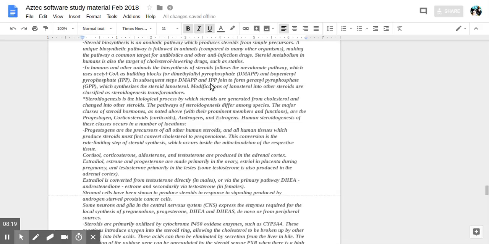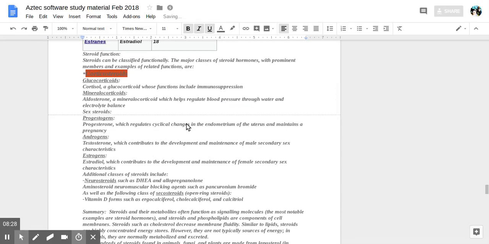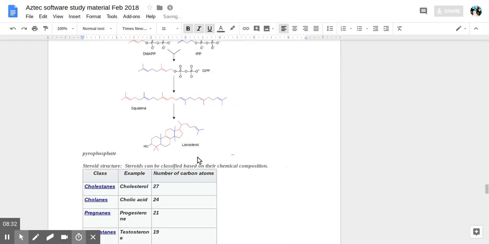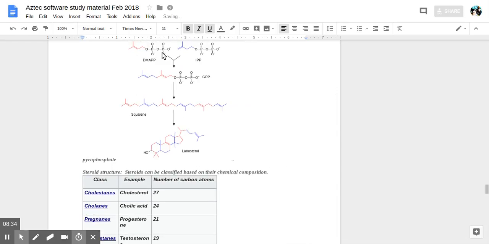So lanosterol is the main basic unit, right here. And that's DMAPP, where it comes from.